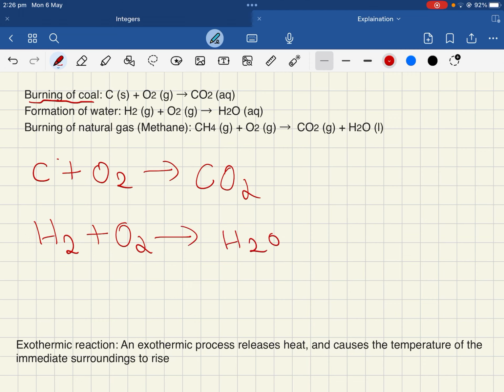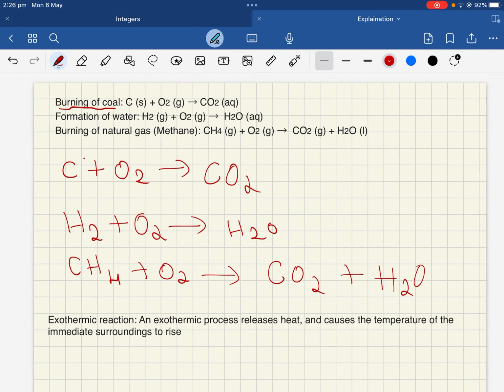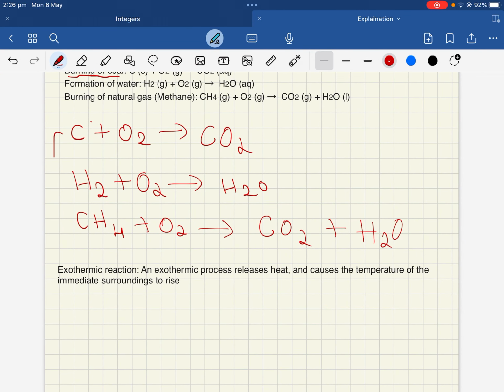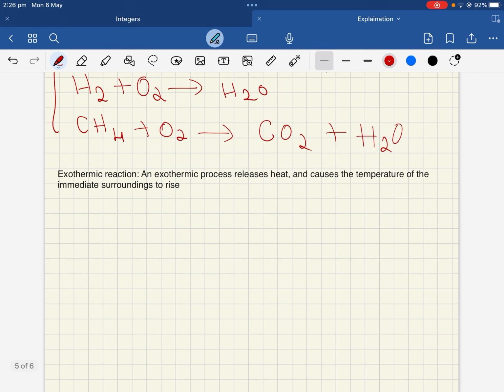Then we have burning of natural gas, that is methane, CH4 plus oxygen react to become carbon dioxide plus water. Now, in these three equations, tell me which are balanced and which are not balanced in the comment section, and balance the ones which are not balanced.